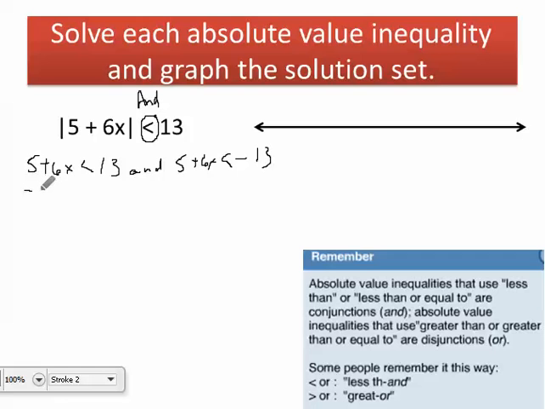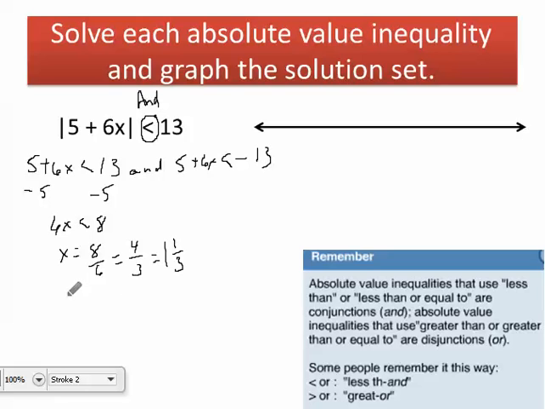So what am I going to do? I'm going to subtract 5 from both sides, and I'm going to get 6x is less than 8, and I'm going to divide by 6. I get x is less than 8 over 6. I can reduce that, and it becomes 4 over 3, which is equal to 1 and 1/3.